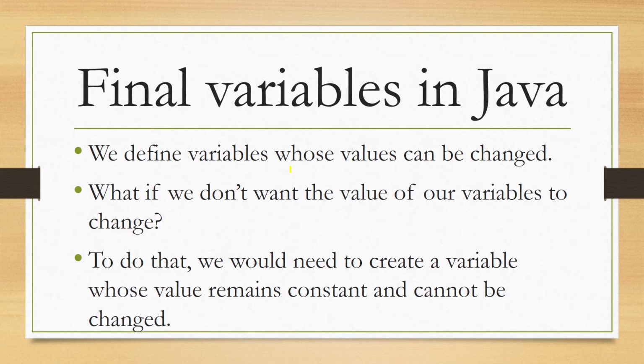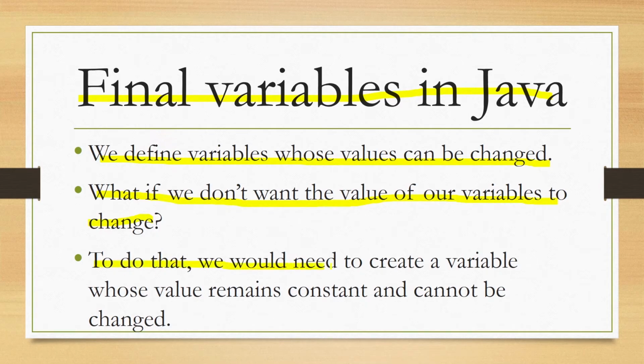Now let us understand an important concept in Java, final variables in Java. We define variables whose values can be changed. We just now saw that. Then what if we want to define a variable whose value does not change? We don't want to change the value of a variable once it's defined.